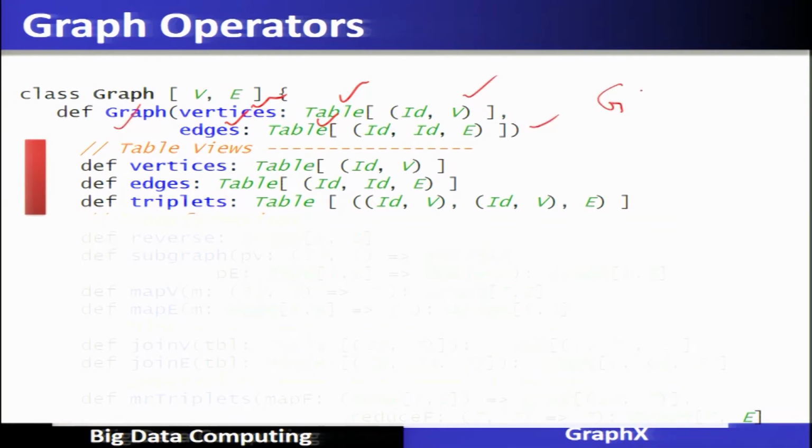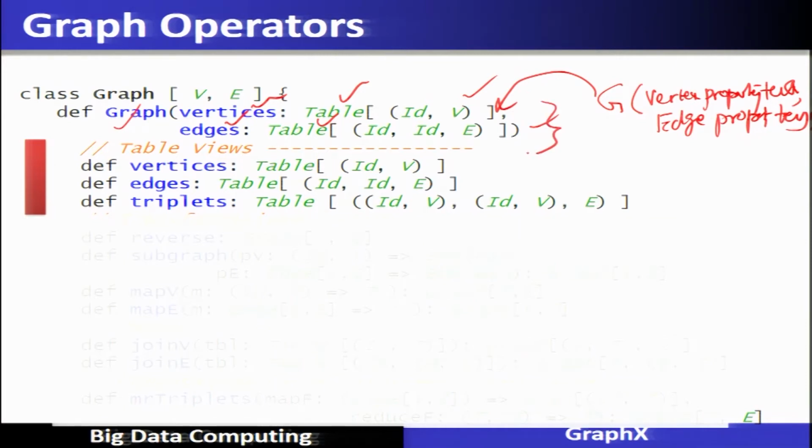So, the graph here is represented as the vertex property table, comma, edge property table, which is shown in this particular representation of the graph. Now, having defined the graph in this manner, you can also see the graph as a table view.